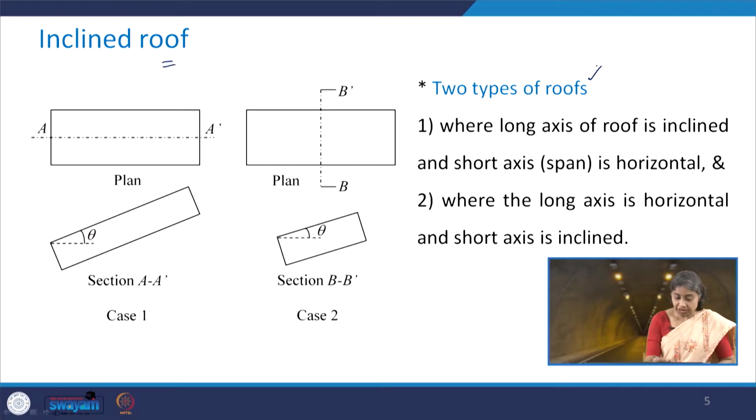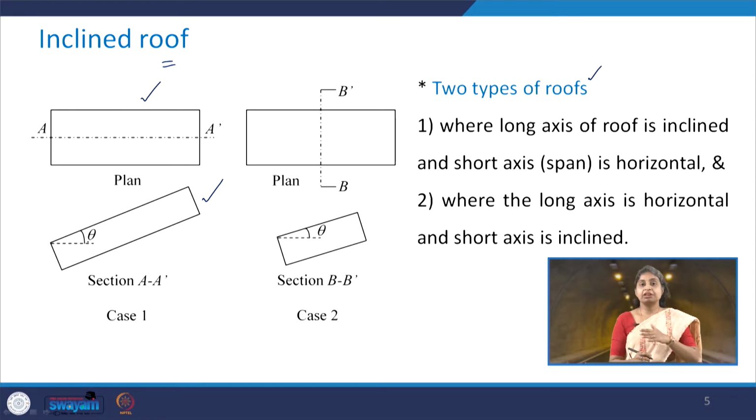This is how it looks in plan, and in section AA this is how it will look, where theta gives the inclination of the long axis with the horizontal. However, there can be another situation where the long axis is horizontal and the short axis is inclined.